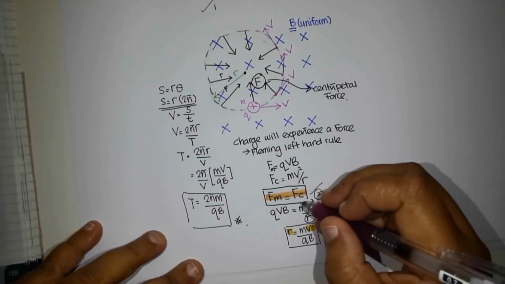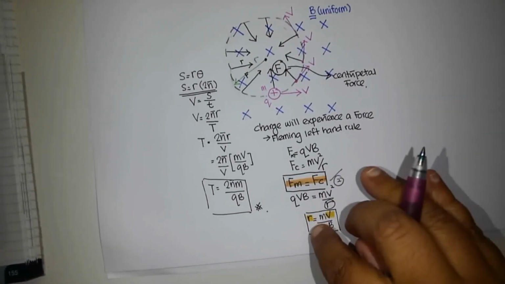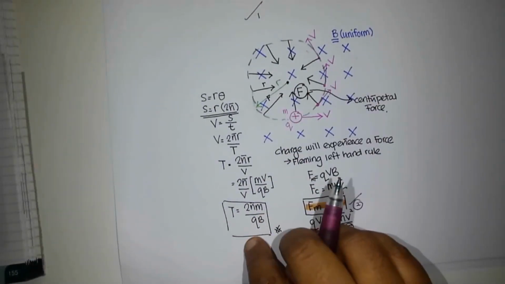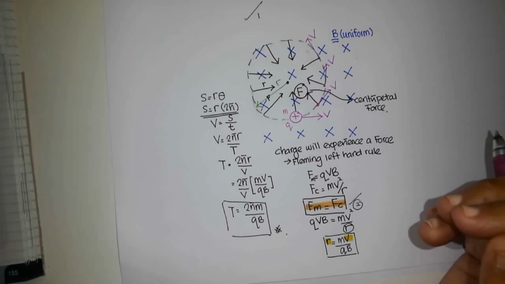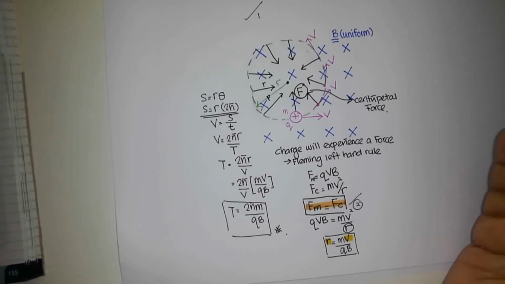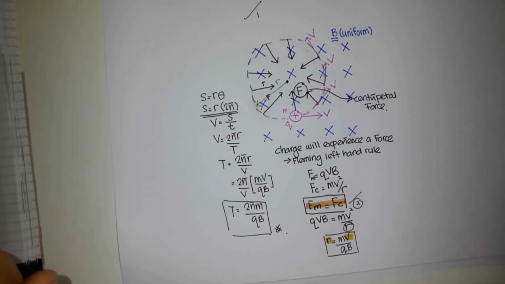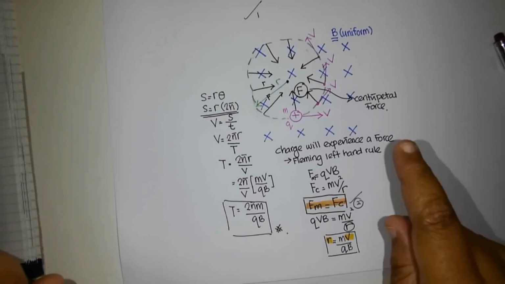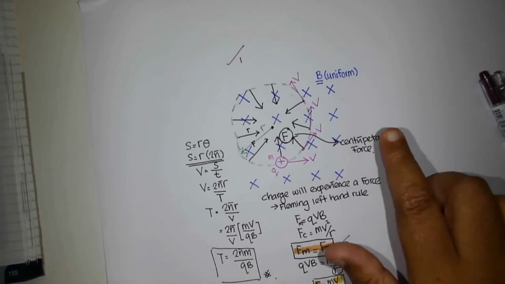From there you can find whatever quantity you want to find. I just gave you two examples: to find the radius of the circular path, and the time taken for one complete circle. You can also find the frequency, B, anything you want. But the most important part is these two facts: when a charge is inside the magnetic field, it moves in a circular path, and the magnetic force is the centripetal force.